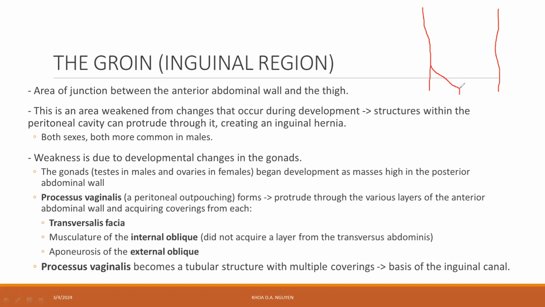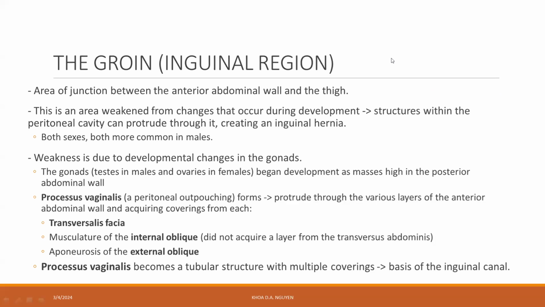And inferior to the inguinal ligament, more distal, you will be able to see that the anterior abdominal wall has changed to become the lower limb. And therefore, this area on both sides is going to be the inguinal regions.